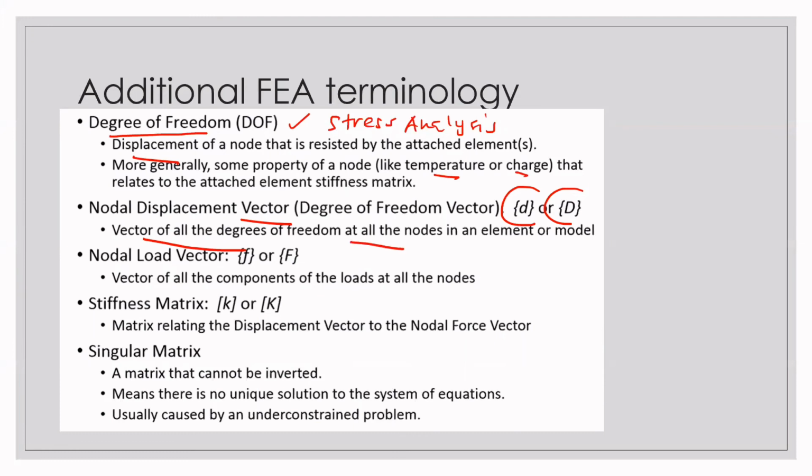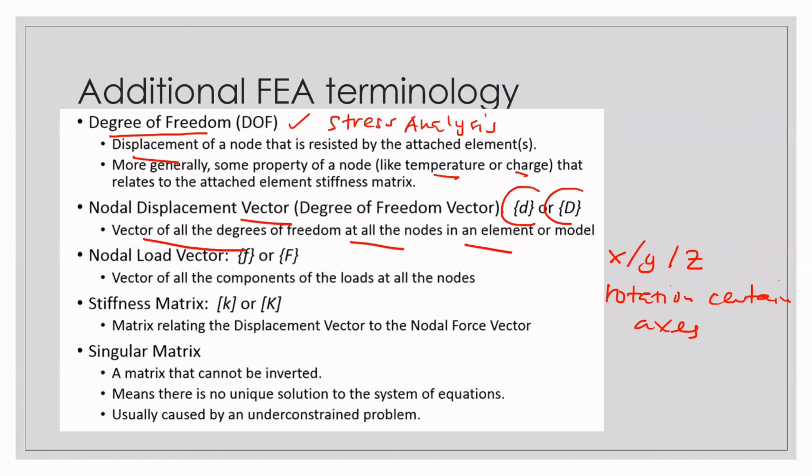So that would be the displacement in the x, y, and z direction for a 3D model, or perhaps a rotation about a certain axis, or perhaps its temperature for a thermal analysis.